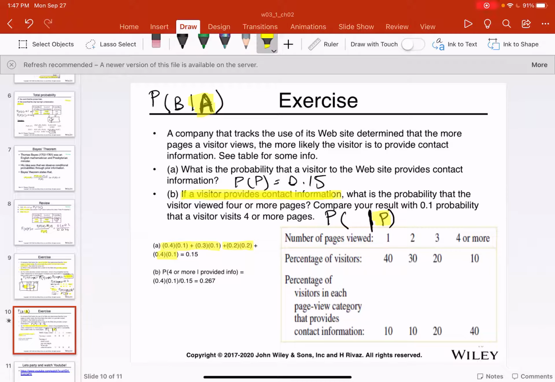If a person provides contact information, that means that P happened, right? Now let's see what the question wants. What's the probability that the visitor viewed 4 or more pages, right? So it wants 4 or more.